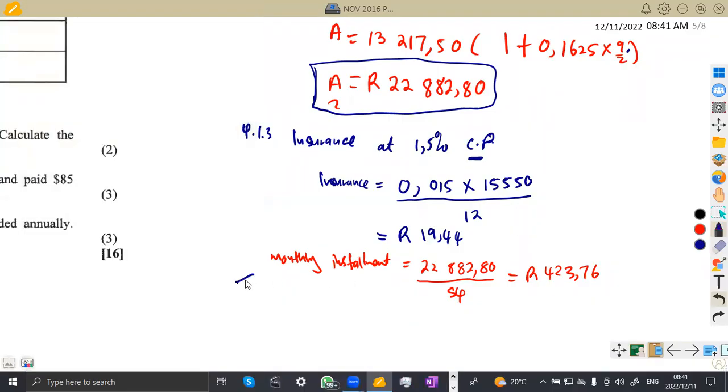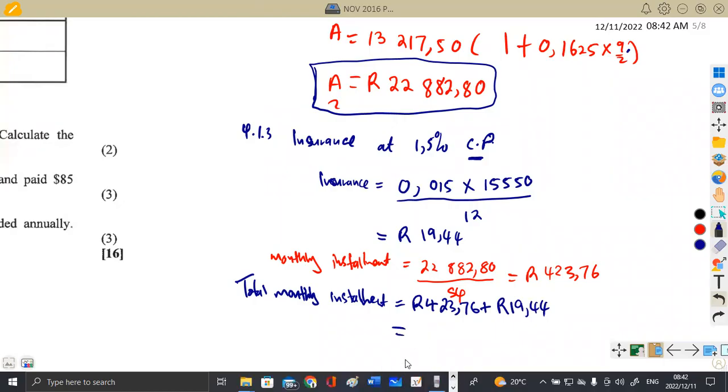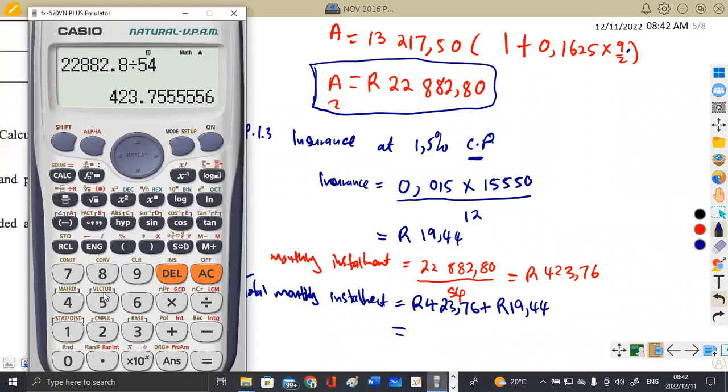But now remember that there is insurance. So the total monthly installment is going to be the monthly installment that we had originally of 423.76 plus the insurance. So you add the insurance, which is 19.44. So this is going to give you the total monthly installment.